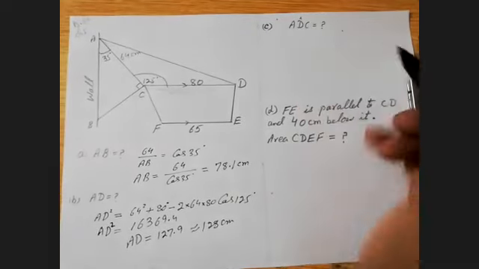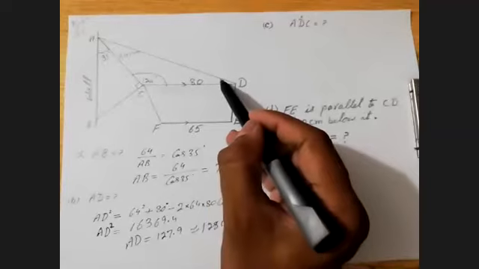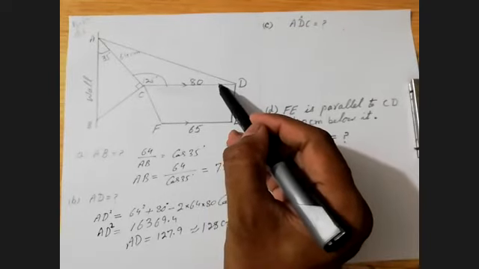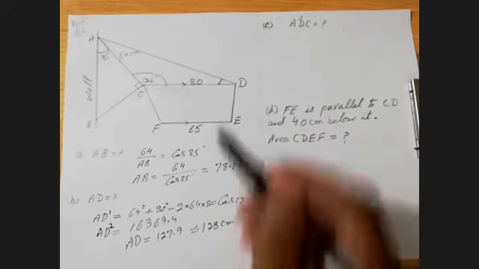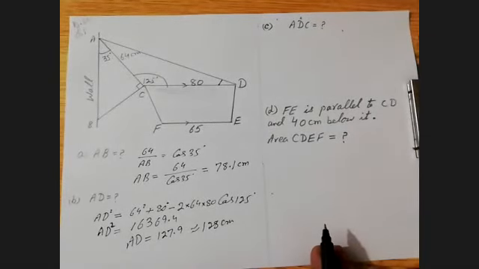Okay, angle ADC is required. You can very easily apply the sine rule to find this angle. You can also apply the cosine rule, but I find it easier to apply the sine rule.